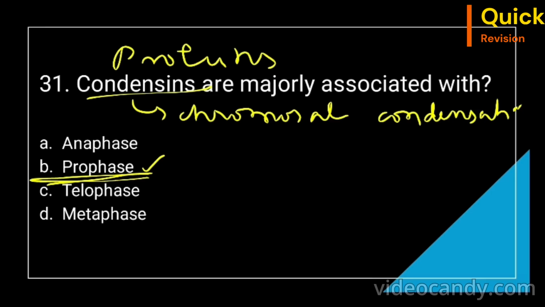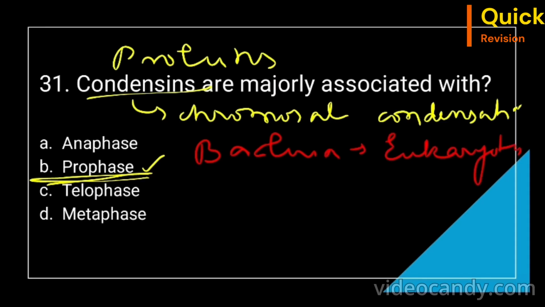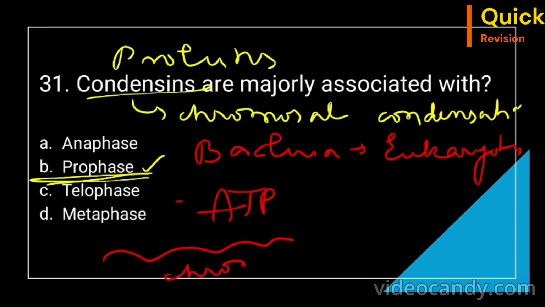You can find these condensins everywhere from bacteria to eukaryotes. And they use energy, that is ATP, to condense this long chromatin, a long fiber-like structure, and convert it into a condensed chromosome. So that is the function of the condensin.